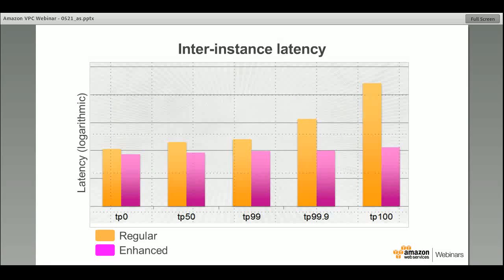And so what you see is that particularly as instances reach a higher number of packets per second, that would be more to the right, the latency on our regular network virtualization stack goes up, while in the case of enhanced networking, it goes up by just a hair more than it does in the minimum case on the left. So we definitely see latency improvements in request response type payloads when using enhanced networking.